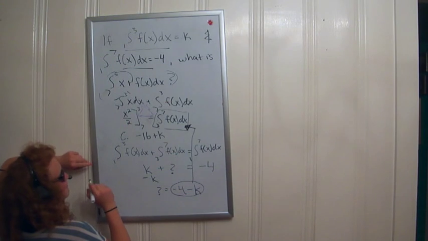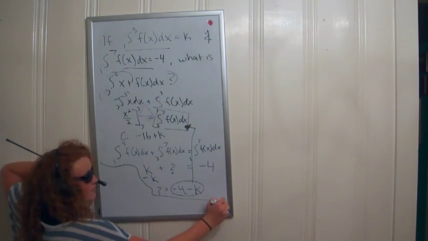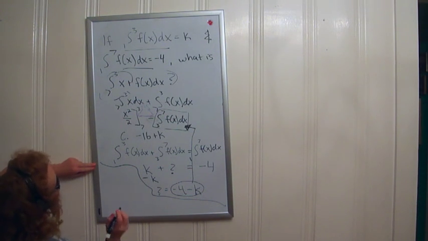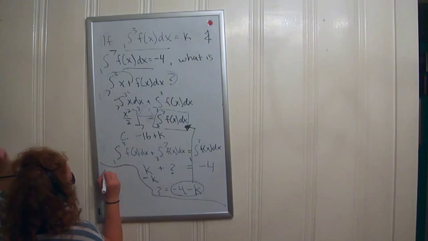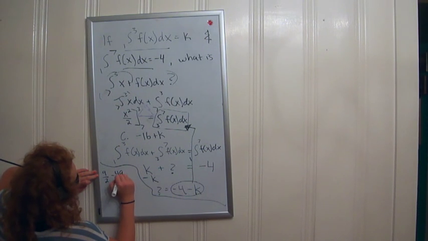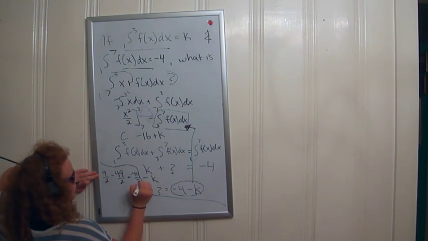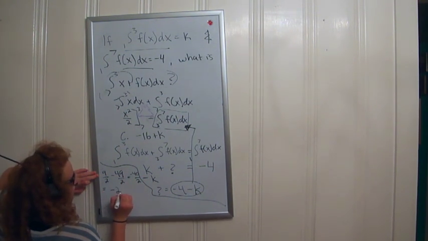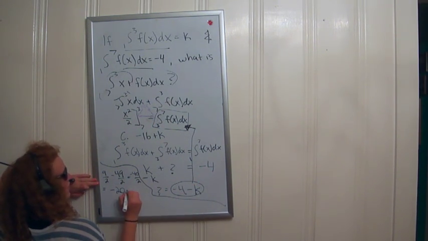We'll go down in this corner. From there, we'll get 3 squared over 2, which is 9 halves, minus 49 halves, which would equal -40 over 2, which equals -20, minus -4 minus k.